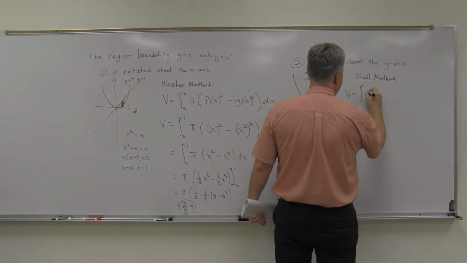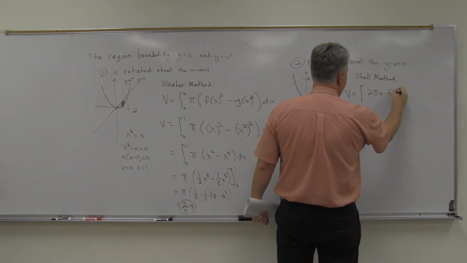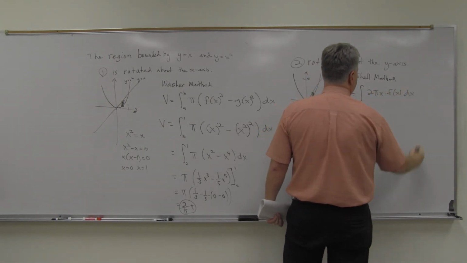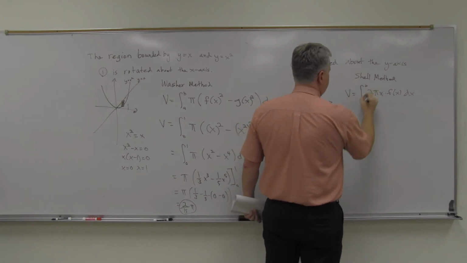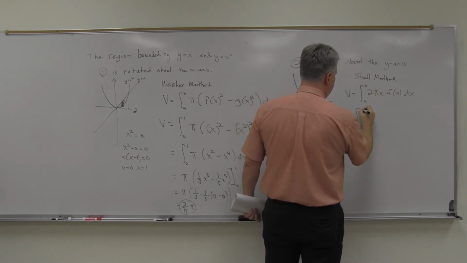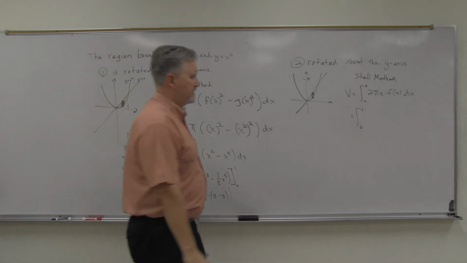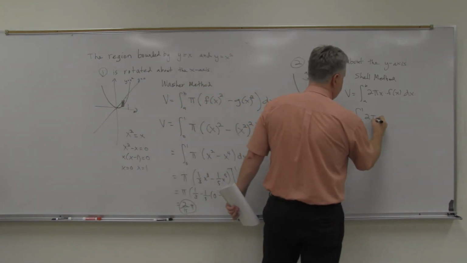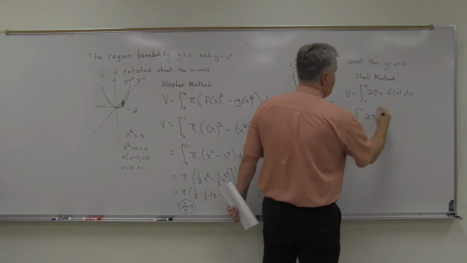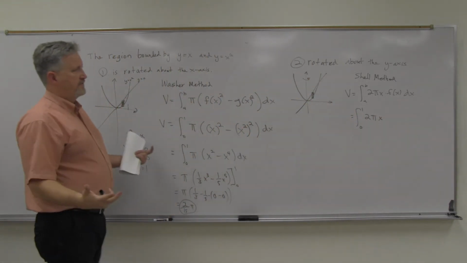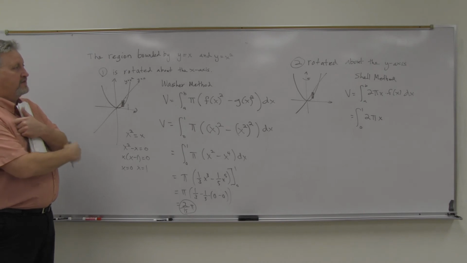So that's 2 pi x times f of x dx from a to b. And we already know a and b are 0 and 1, the same two points of intersection. Then the 2 pi x. So that's our simplified version of the shell method.